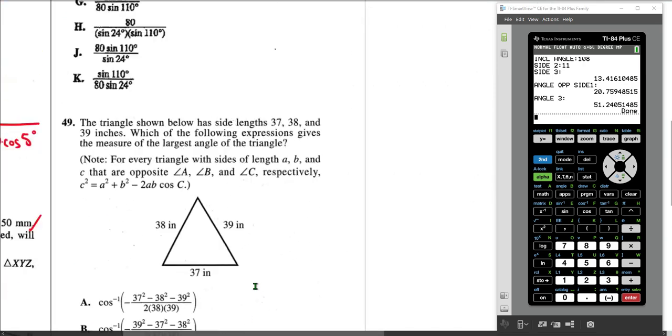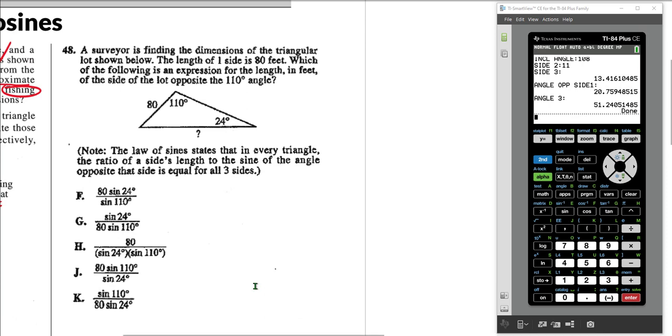In number 48, let's go ahead and work through this one. We can already see that this is going to be law of sines, but let's read through this. A surveyor is finding the dimensions of the triangular lot shown below. The length of one side is 80 feet.